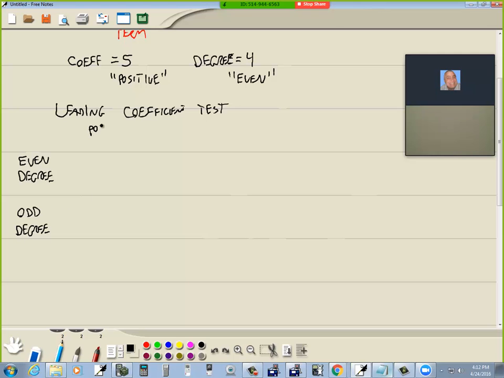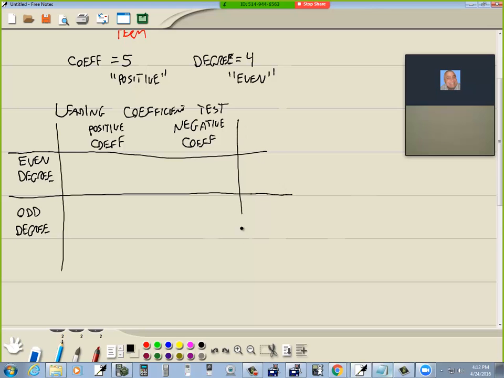You'll have where you have a positive coefficient, and you'll have where you have a negative coefficient. And this is a table. So for this first box here, even degree and positive coefficient, this says up to the left, up to the right.